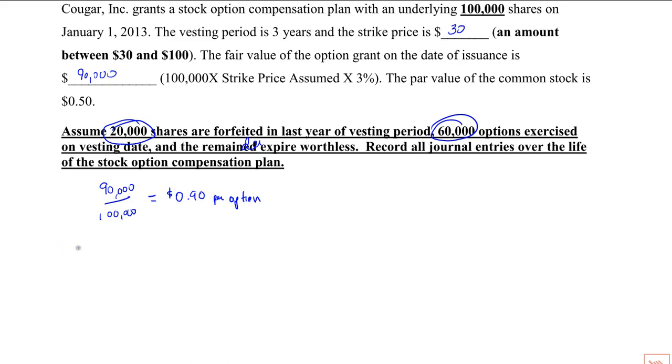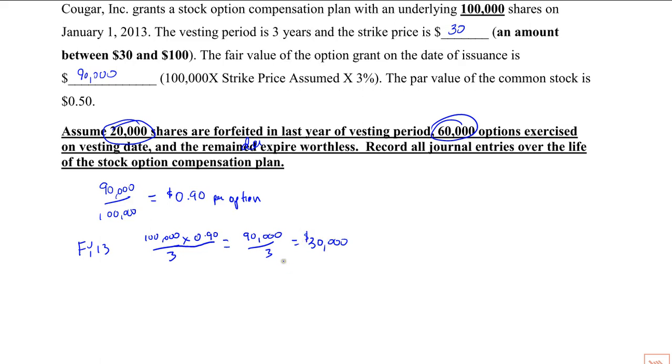Okay, so we have 100,000. Not really a great number to divide by 3, but for FY13, you're going to have 100,000 divided by 3 times 0.90. Oh, it does work out great actually. 90,000 divided by 3 equals 30,000 the first year.